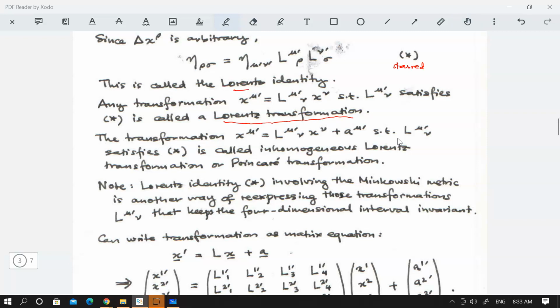This is the Lorentz identity. So if you obey the Lorentz identity, then this kind of transformation is called a Lorentz transformation.